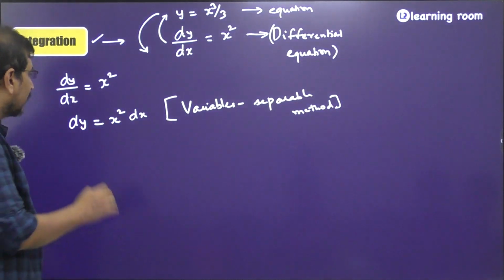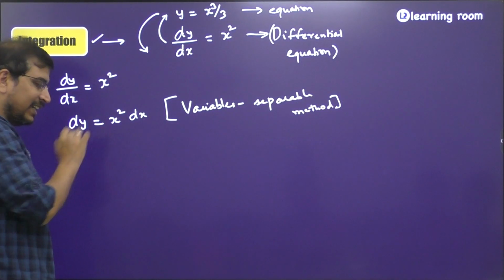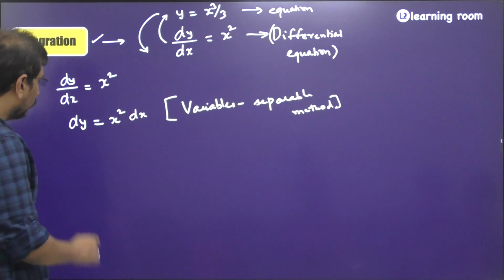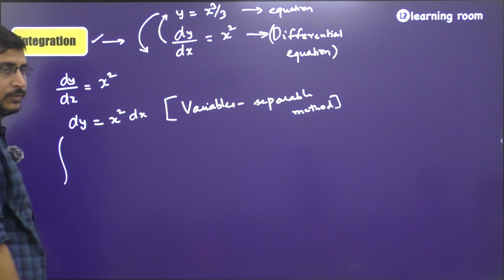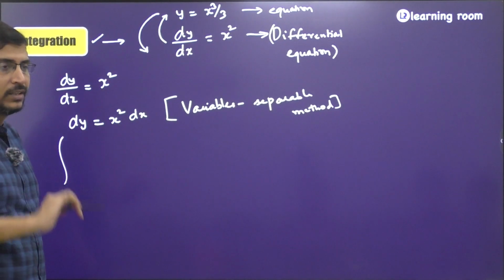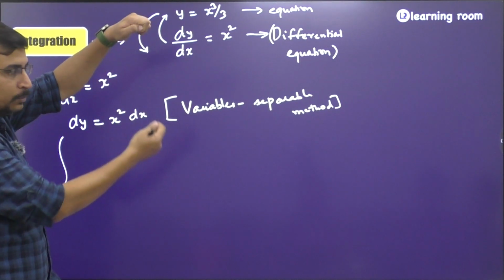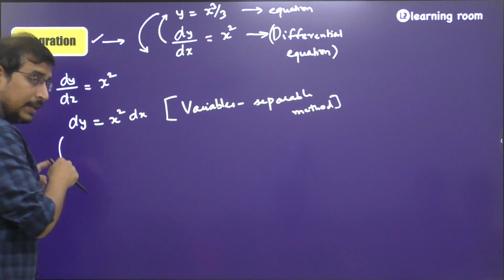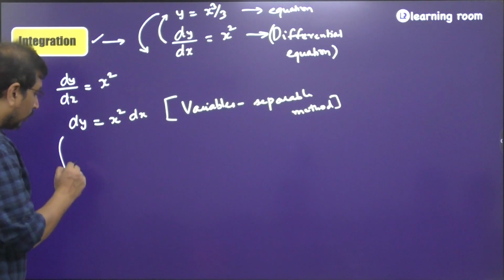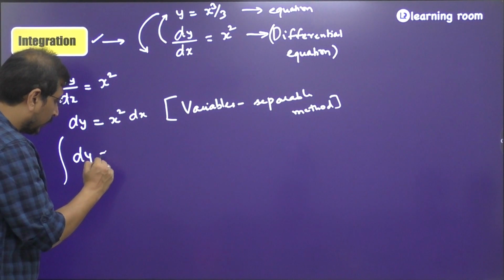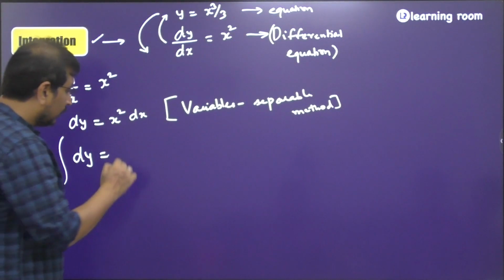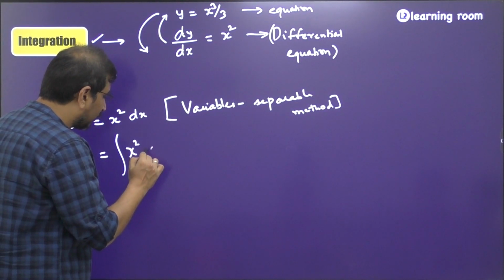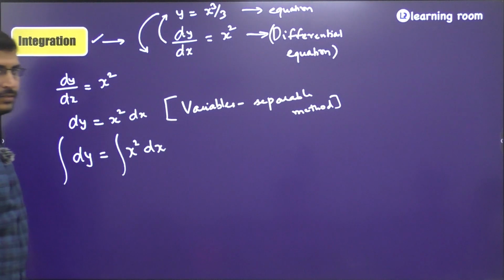Okay. So if I need to eliminate this d, then I need to use an operation which looks in the form of an elongated s. If you take s and pull it, you will get a symbol, and that symbol is read as integral of dy is equal to integral of x square dx.